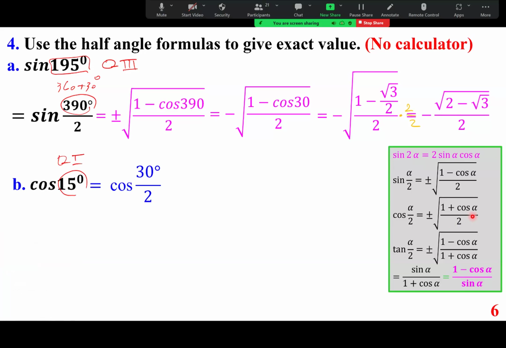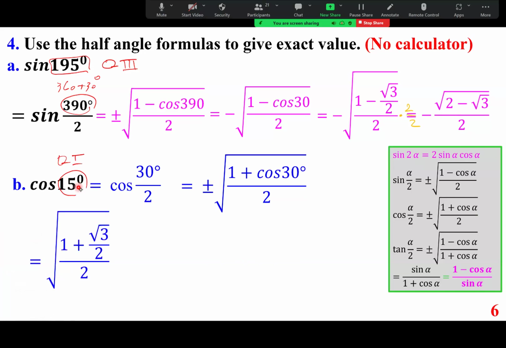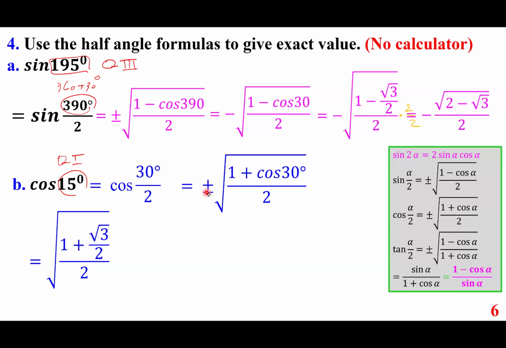So using that, plus minus the square root of 1 plus cosine 30 over 2, and we are choosing positive. 15 degrees, first quadrant, positive. So that's why. Pay attention to this sign here and what you need to do. That is extremely important, everybody. So you have to make a decision accordingly.